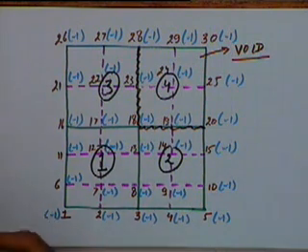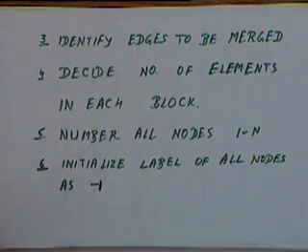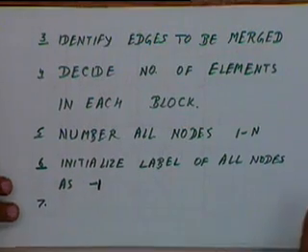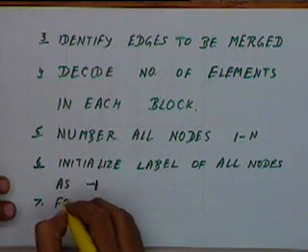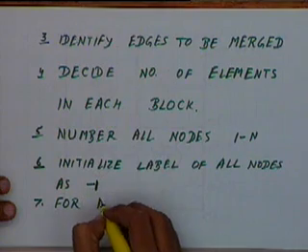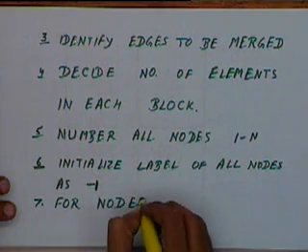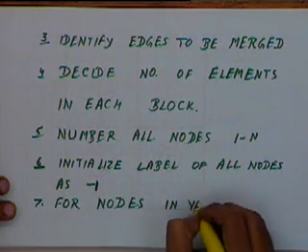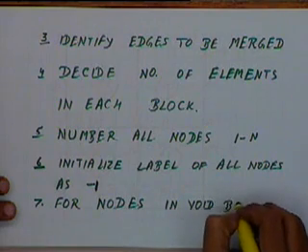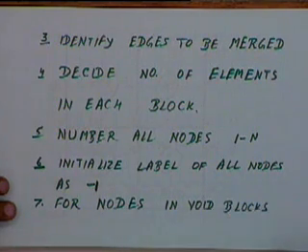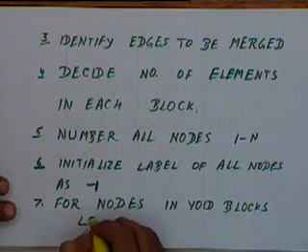Then, for nodes in void blocks, we will put the label equal to 0.